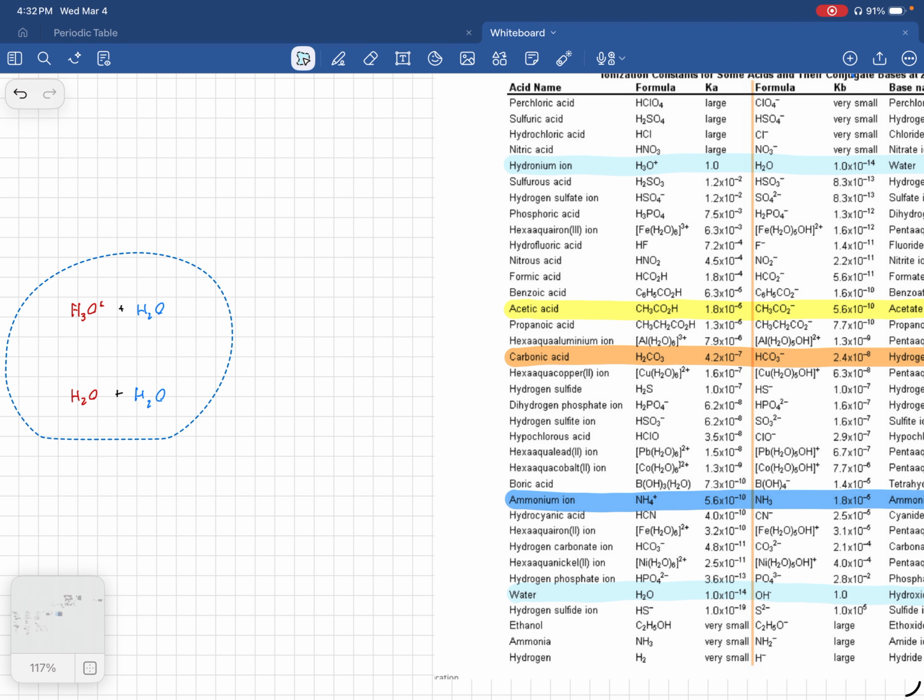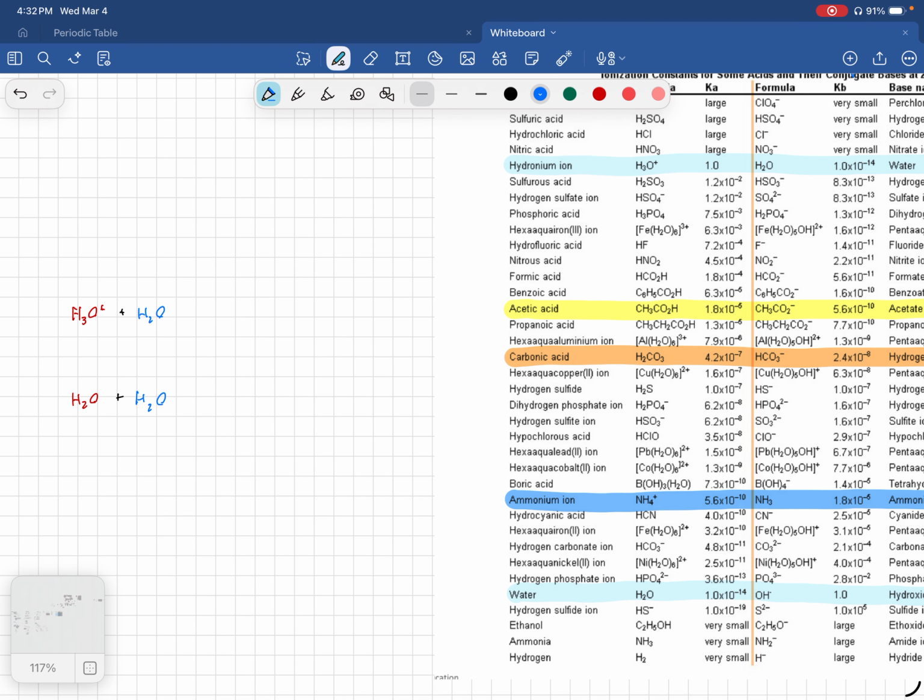If we look at H3O plus with water, the conjugate base of H3O plus is H2O, and the conjugate acid of H2O is H3O plus.